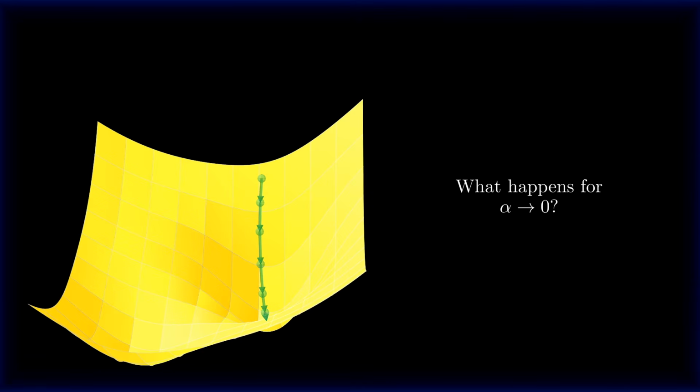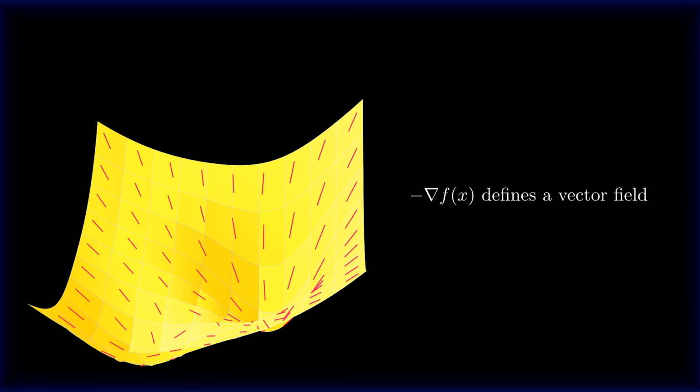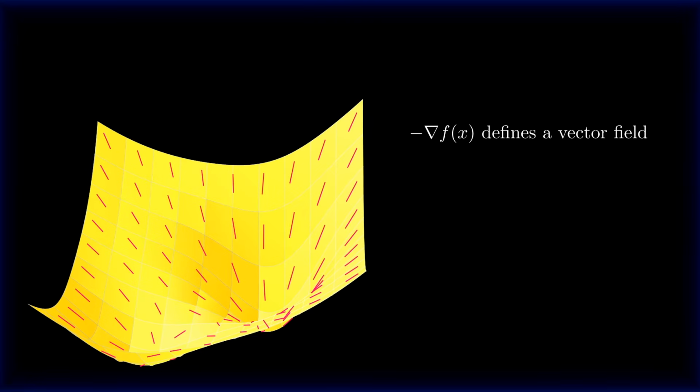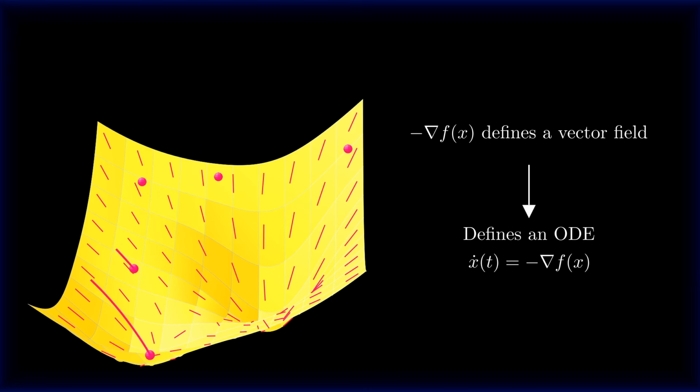To see what happens, we first have to realize that the gradient of the objective function defines a vector field on the optimization space, and for such a vector field we can define a corresponding ordinary differential equation whose solutions follow the vector field, and which, in the case of the gradient, is the so-called gradient flow.